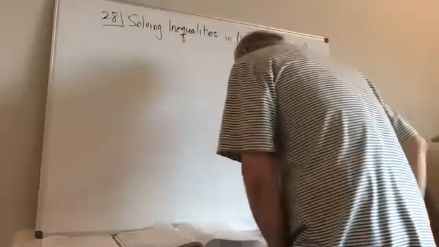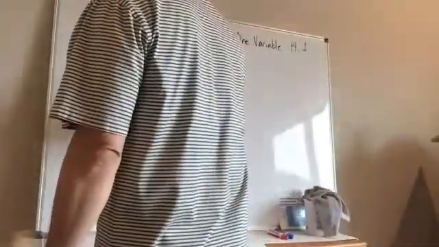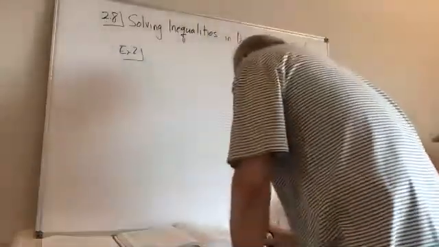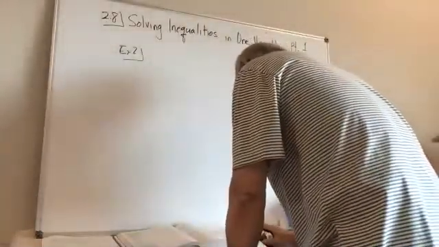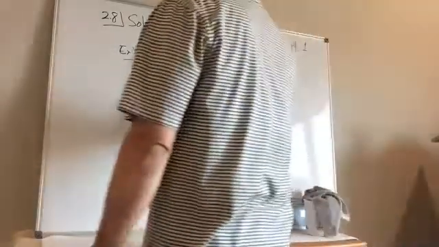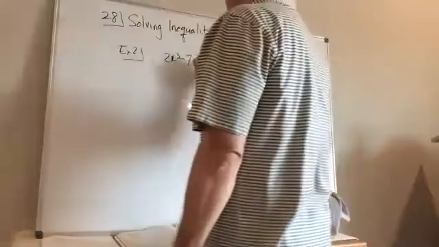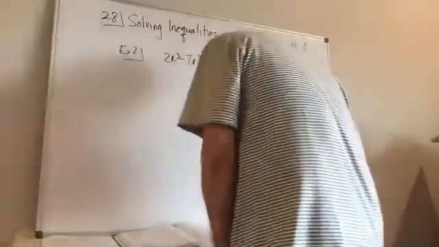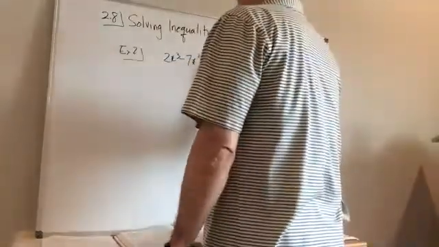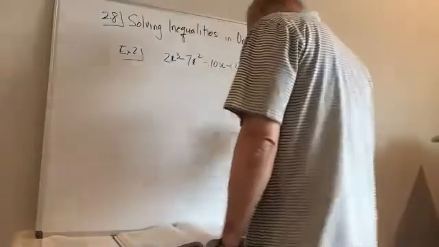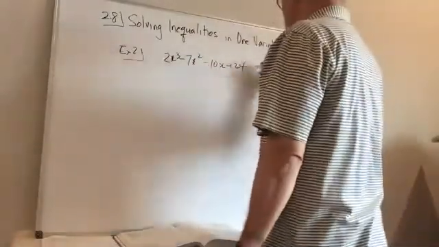Let's go to example number 2. Example number 2, solving inequality analytically. So solve 2x cubed minus 7x squared minus 10x plus 24, and I'm trying to solve this guy.